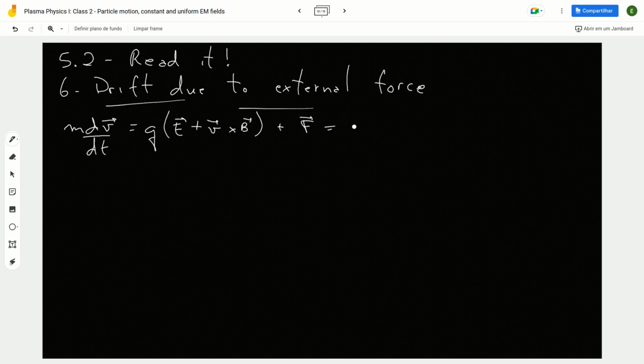So we may write it like this: E plus F over Q plus V cross B. And to make things easier for us, let's consider that this is a constant force, constant vector field.